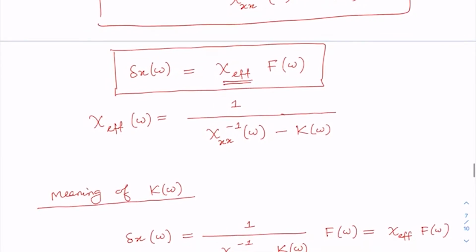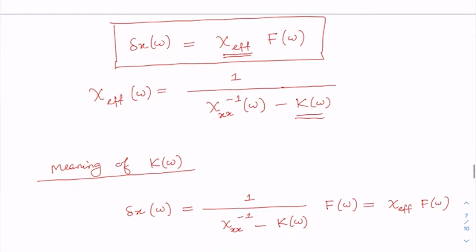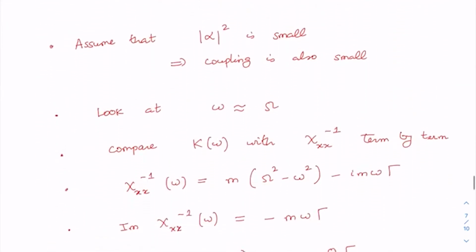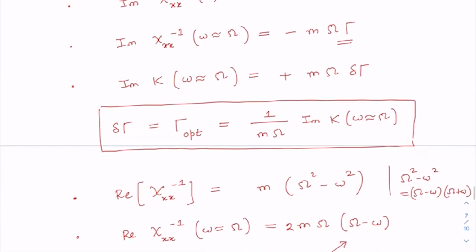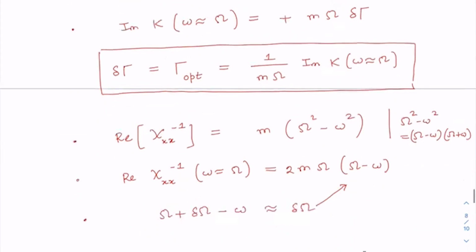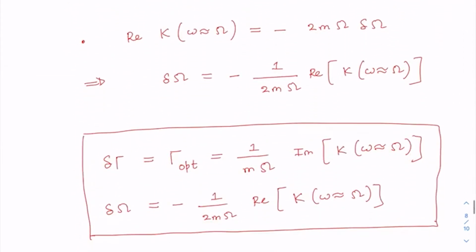Then next, we went on to understand the meaning of this extra parameter, and it turns out that our analysis finally showed that the real part of this K of omega is related to the extra frequency shift of the mechanical oscillator, and the imaginary part of this term K of omega around the resonance frequency of the mechanical oscillator is related to the extra damping that is suffered by the mechanical oscillator.